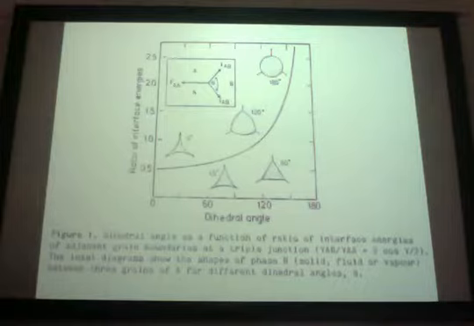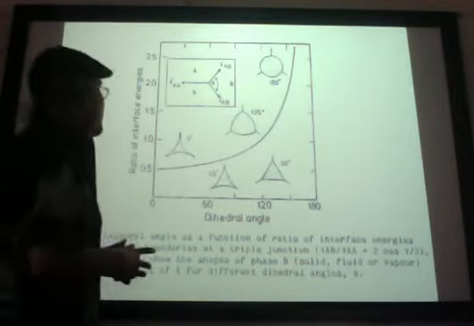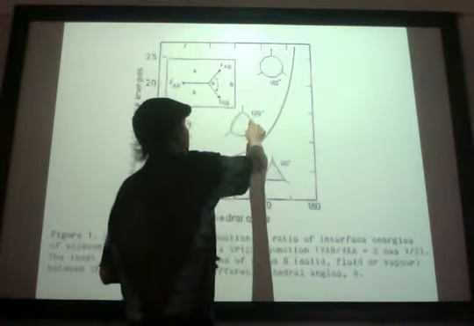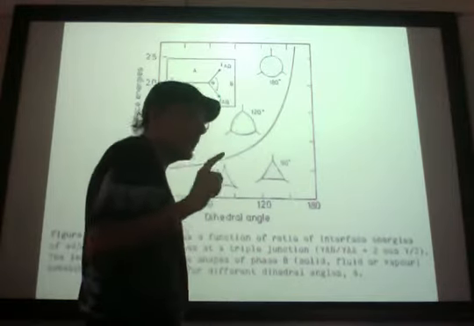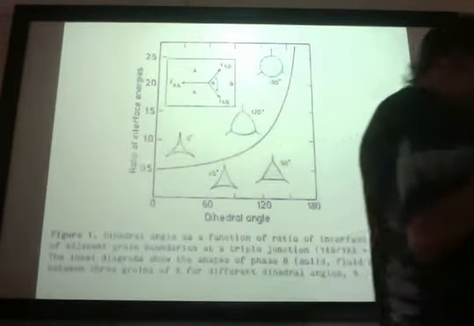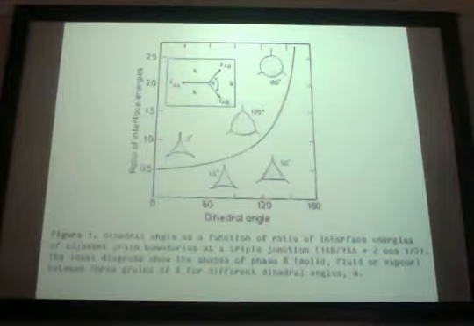When I showed you these pictures from my own work, these are also things you can observe by studying thin sections. If you have an angle of 120 degrees, then you know a fluid network through your rock is not possible.